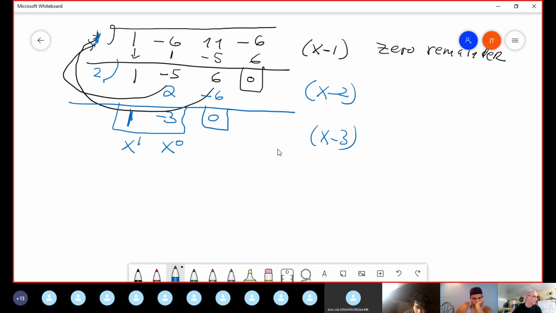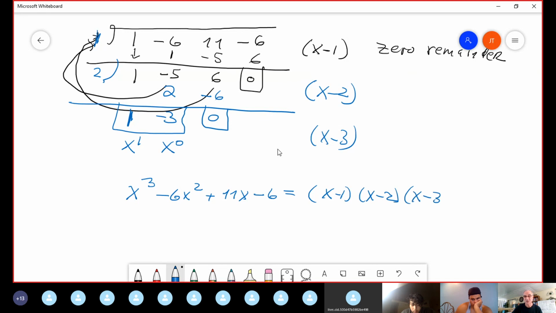The original was, remember, x cubed minus 6x squared plus 11x minus 6, and the factorization was x minus 1, x minus 2, and x minus 3.